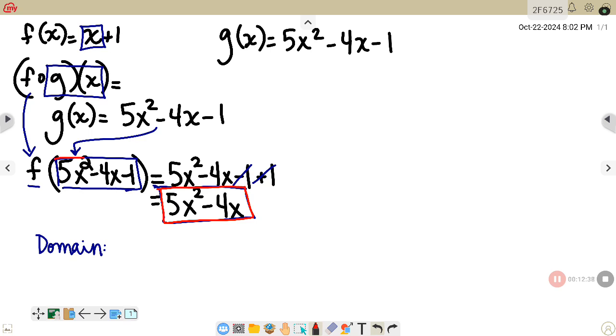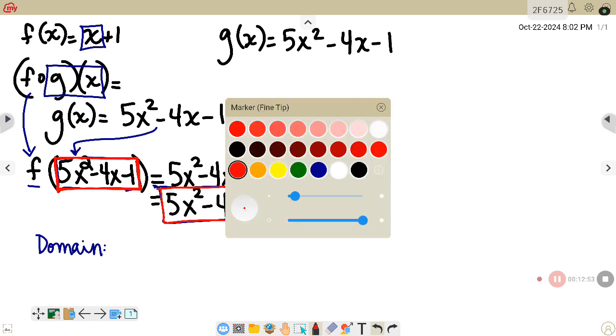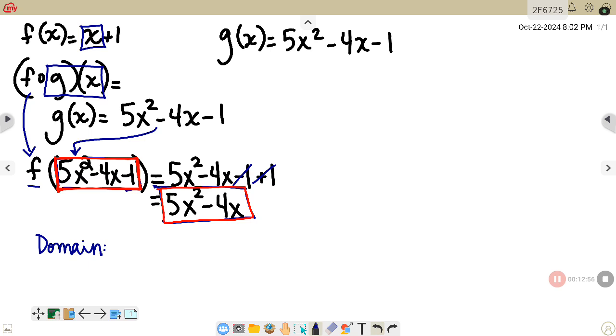And you also look for restrictions at what you plugged in on that last step. So the two red rectangles are where you are looking for restrictions, and neither one of those have restrictions, which means your domain is negative infinity to positive infinity.